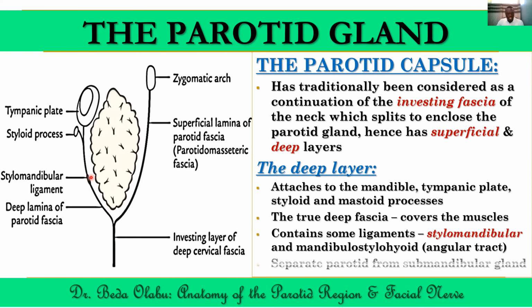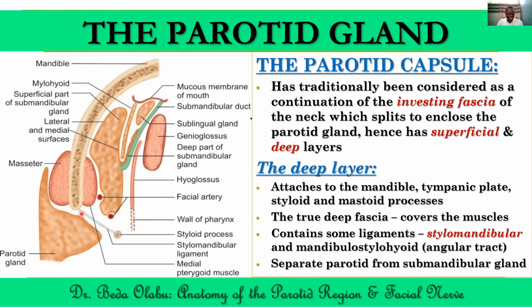Of note is that these ligaments separate the parotid gland from the submandibular gland. So the submandibular gland will be much in front and the parotid will be posterior. The deep layer separates the parotid from the submandibular gland.